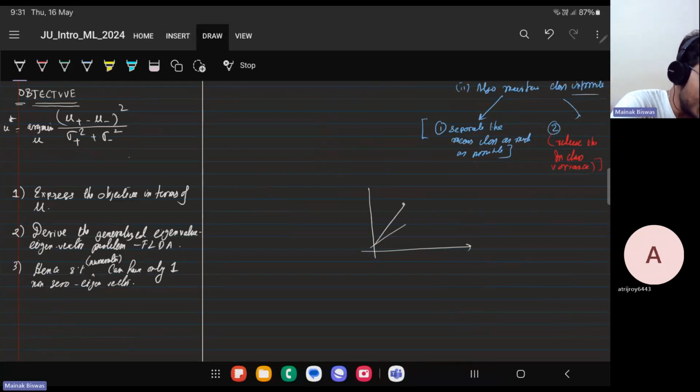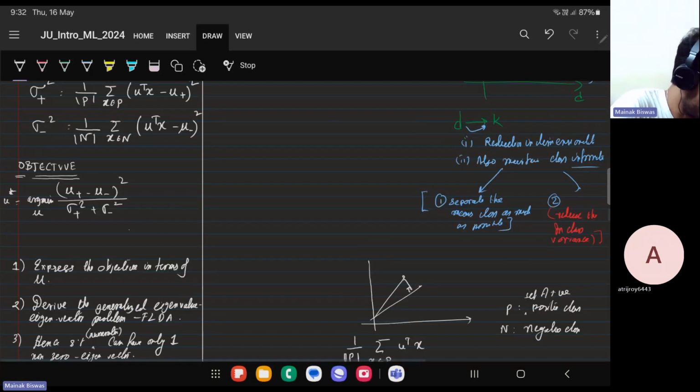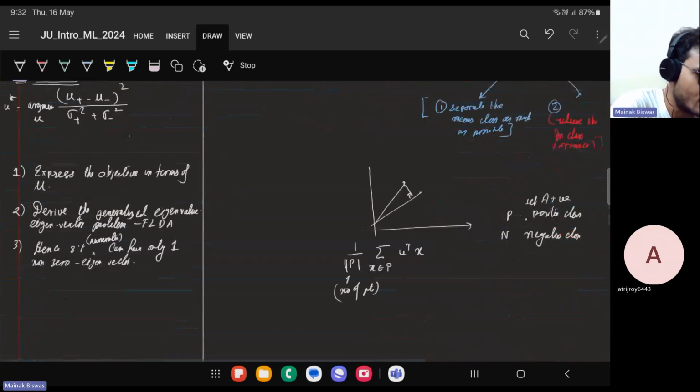Every data point is projected as U transpose X, right? CP is the set of positive class points, and mod P is the number of points there. N is the negative class.